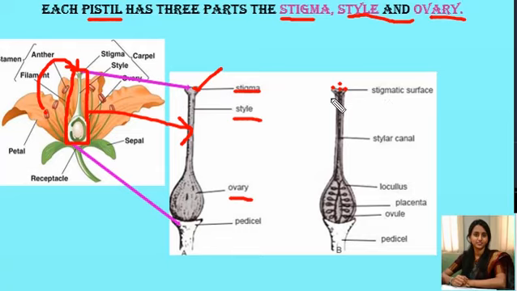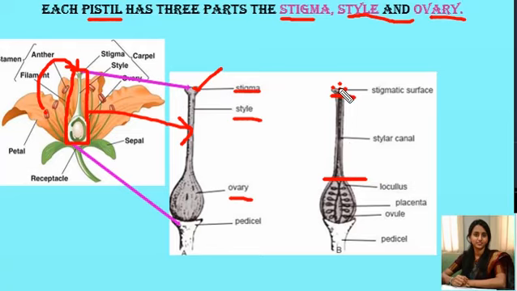When the pollen grains germinate, the pollen tube passes through a hollow tube-like structure. It is known as the style, that is below the stigma, from here to here. This is an elongated slender tube-like structure.